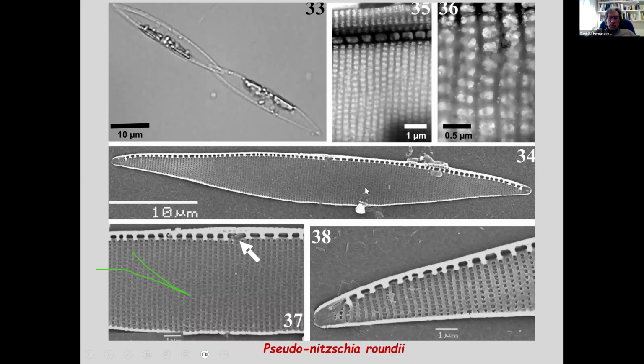It is characteristic for the shape, but also the number of poroids, one single row of poroids per stria, and the shape. It is related to Pseudo-nitzschia subpacifica, but Pseudo-nitzschia subpacifica has 2 rows of poroids.